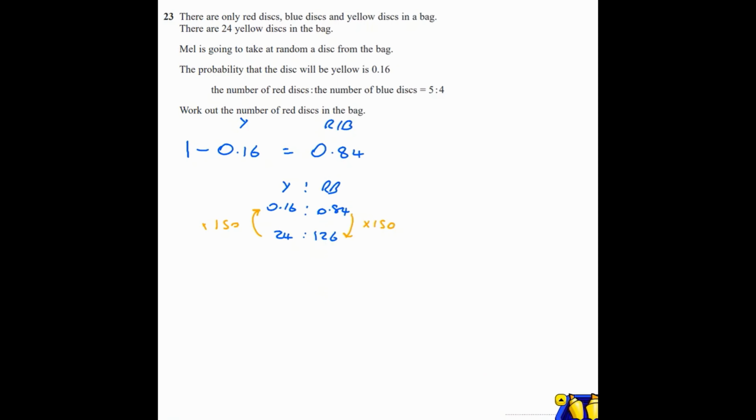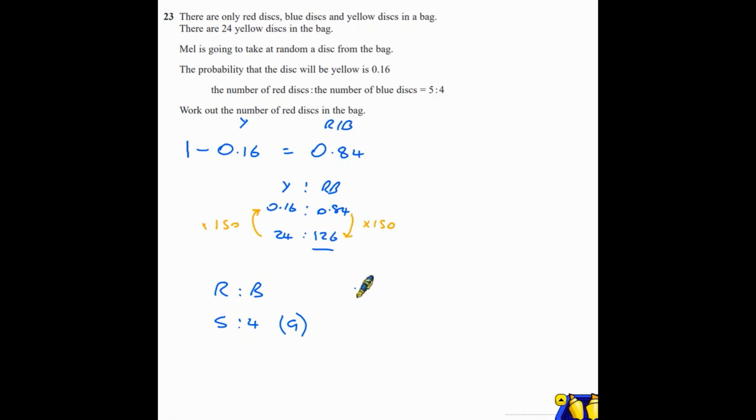That takes me a step further to my answer now, because I now need to work on the red and blue ratio, because I know the red to blue ratio is 5 to 4. In other words, there's a total of 9 parts.